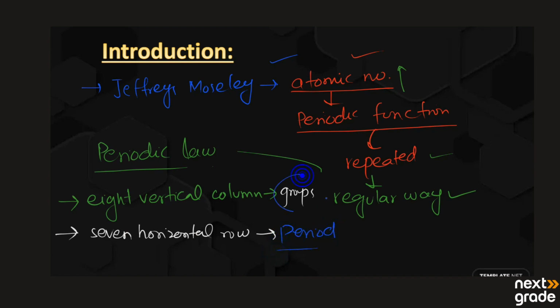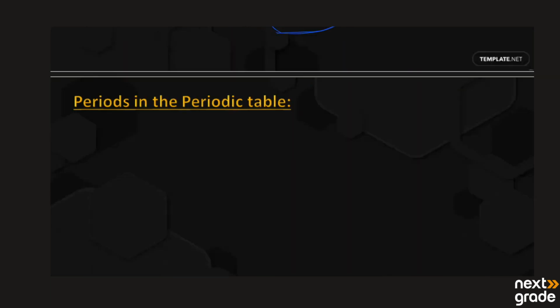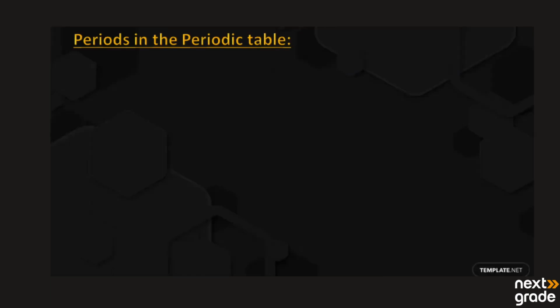The groups are also known as families, and the seven horizontal rows are known as periods. This is the arrangement of the elements done by Moseley, and its name is the modern periodic table.